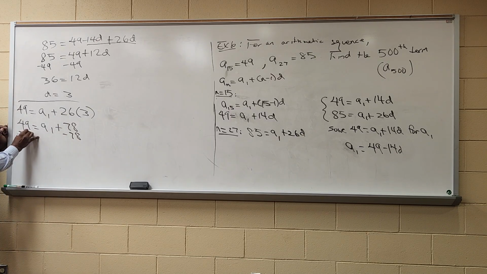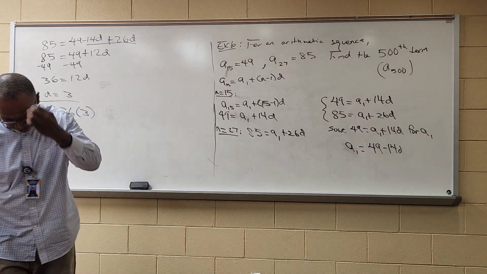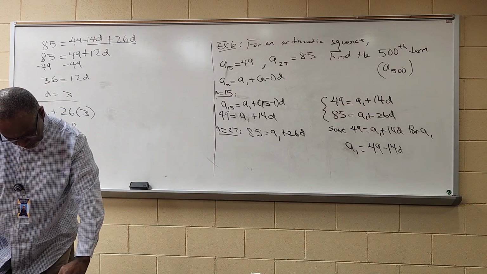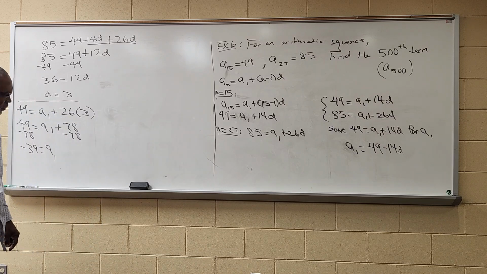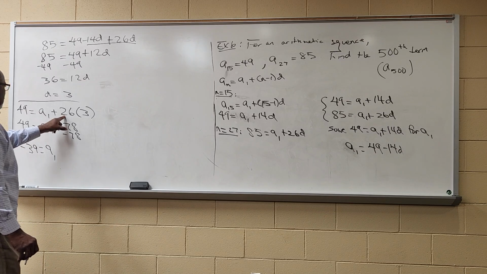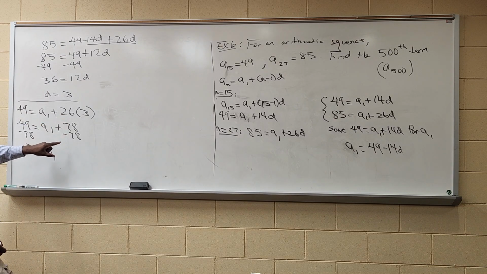Subtract 78 from both sides. You'll get negative 39 equals A1. Negative 39. No, something is wrong. Let's see. 30, 40, that's 60, 78. That's right.